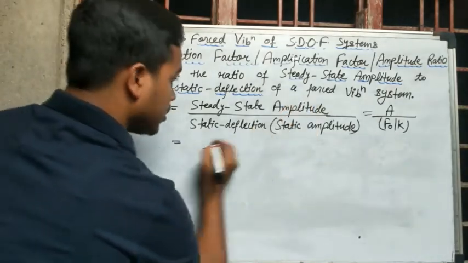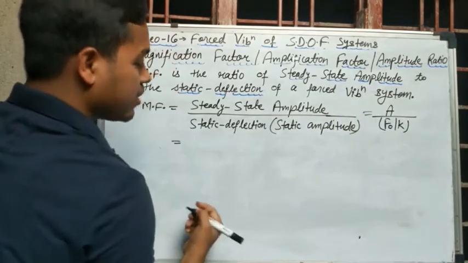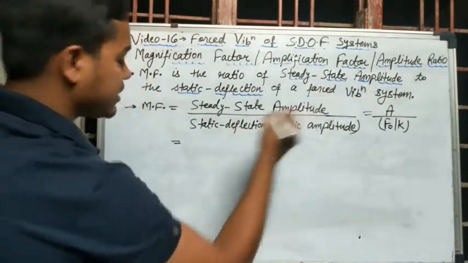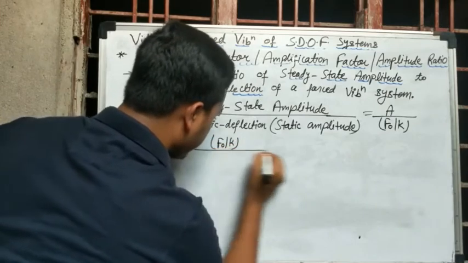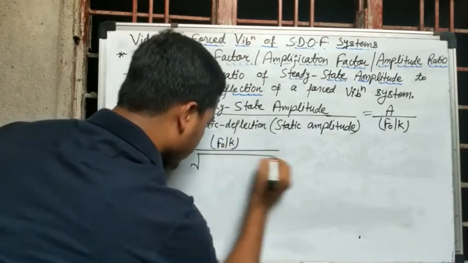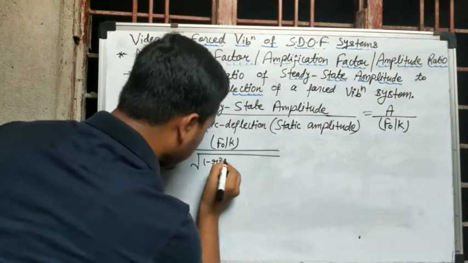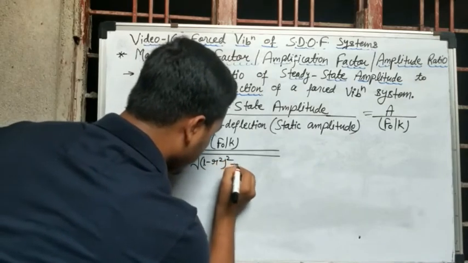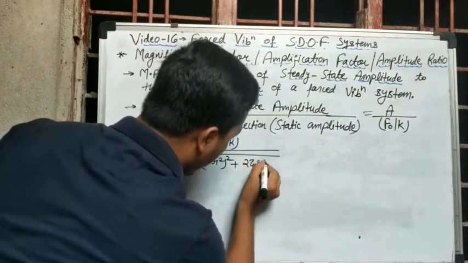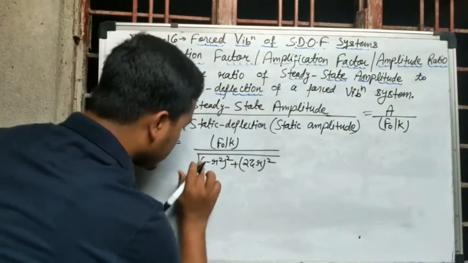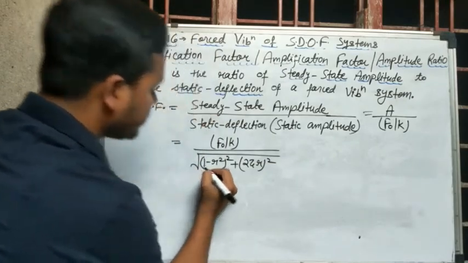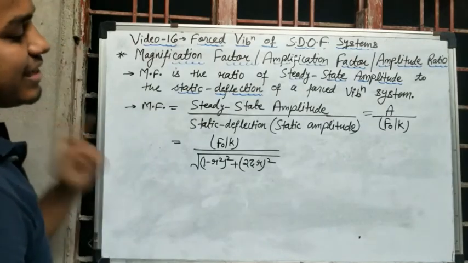Now, what is the formula of this A? We have learnt a form of this A: F naught by K, divided by the square root of (1 minus r squared) whole squared plus (2 zeta r) whole squared. We have learned this form of the steady state amplitude, the amplitude of the steady state response.